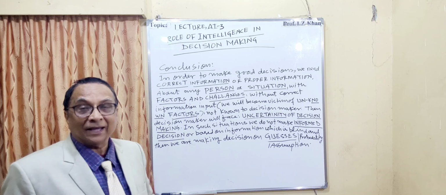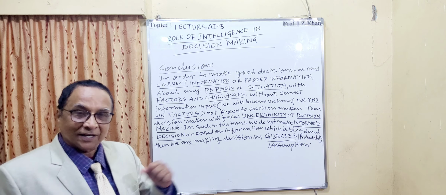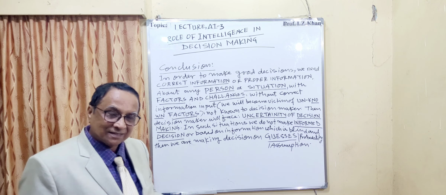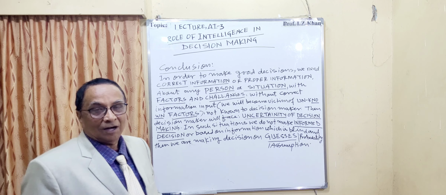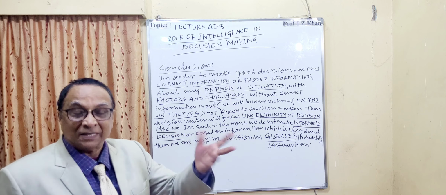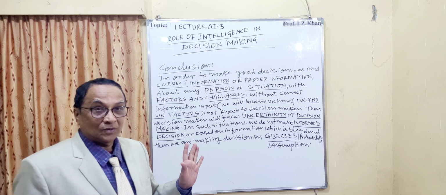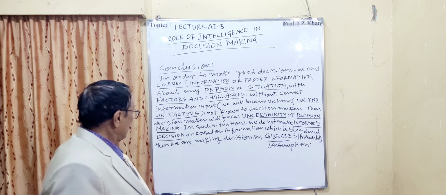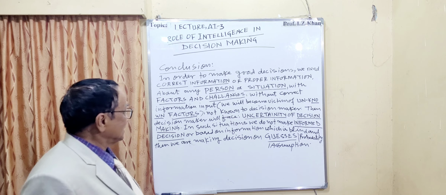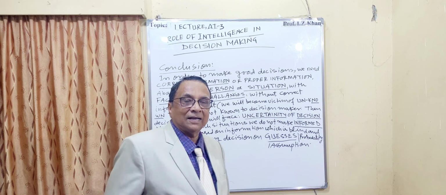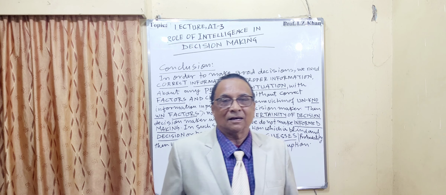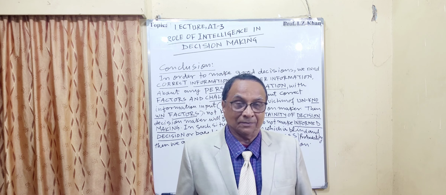It may fire back. Once you are deciding on the basis of a guess or some probability factor, it is wrong. Then we are making a decision that is really uncertain and indecisive.